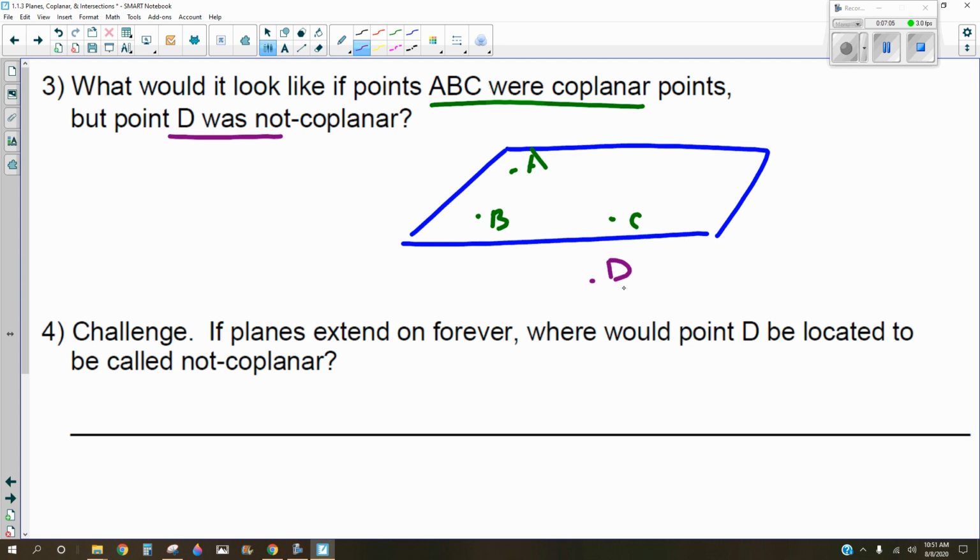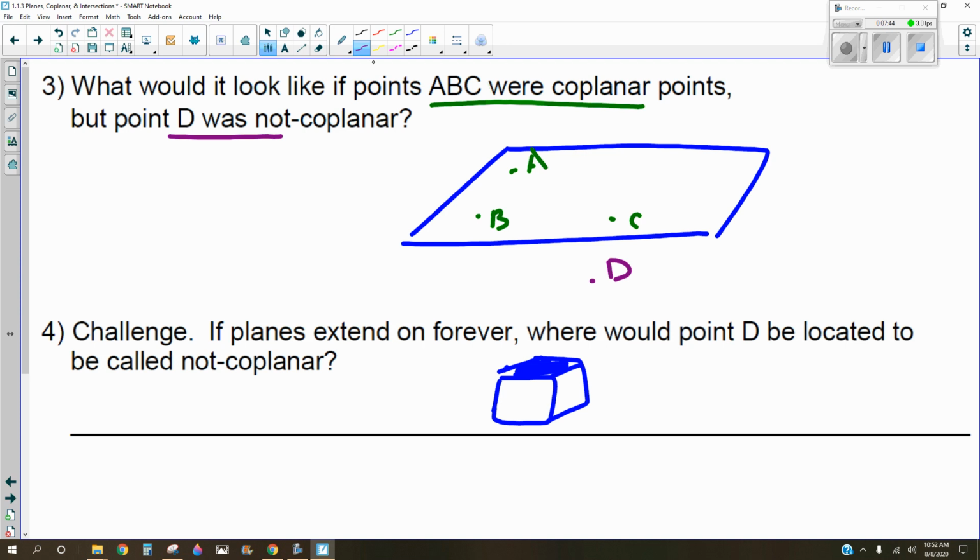So that picture helps answer question 4. It says, if planes extend forever, where would point D be located to be not coplanar? So it might be easiest just to think about living in a 3-dimensional reality, okay? Later on we're going to use cubes a lot to help us picture where things are. So maybe I have this cube, right? And maybe that blue plane, ABC, is up here at the top. It's this big flat surface at the top, right?